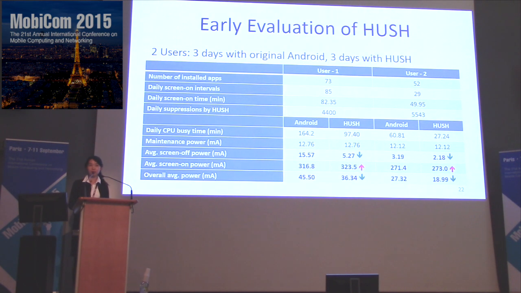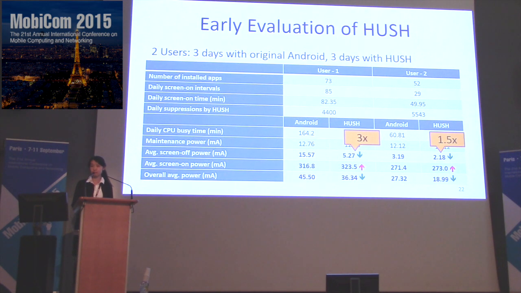The table shows the basic result. If you focus on the bottom part of the table, we can see the average screen-off power drops largely, by 3 times and 5 times for these 2 users. And because of the slight increase of the screen-on power, the overall average power drops by 1.3 times and 1.4 times for these 2 users.